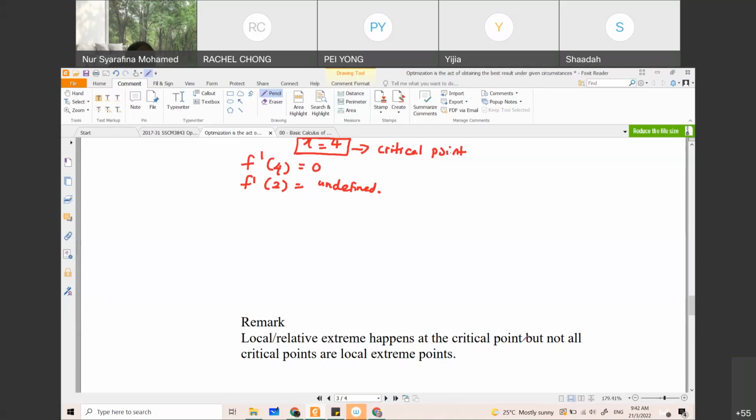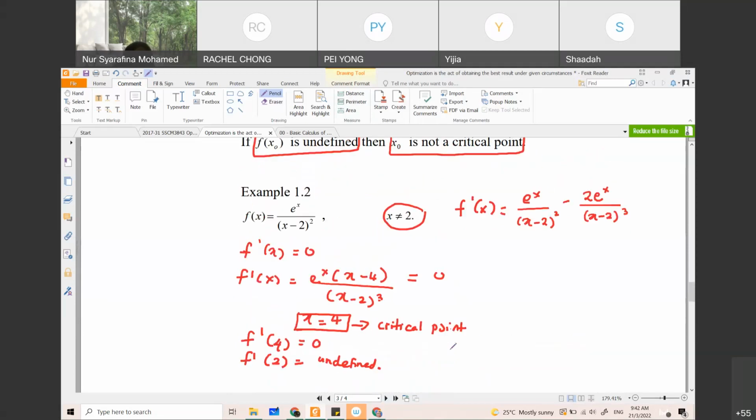Maybe after we obtain the critical point, those are all extremizers. But after some certain tests, we can identify not all critical points are local extremizers. All right, understand or not? So this is how we find the critical point.